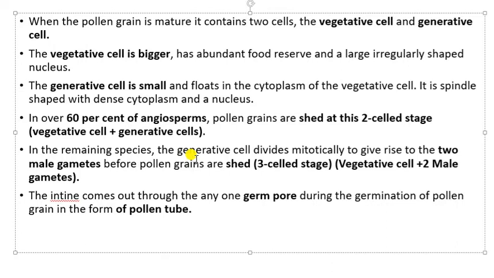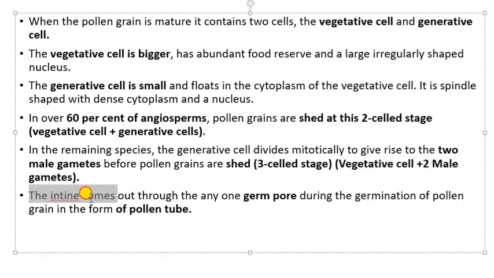These three cells are: one is the vegetative cell, similar to the earlier one, and the generative cell undergoes division, giving rise to two male gametes. As a result, the three cell stage is formed: one vegetative cell and two male gametes together form a three cell stage.